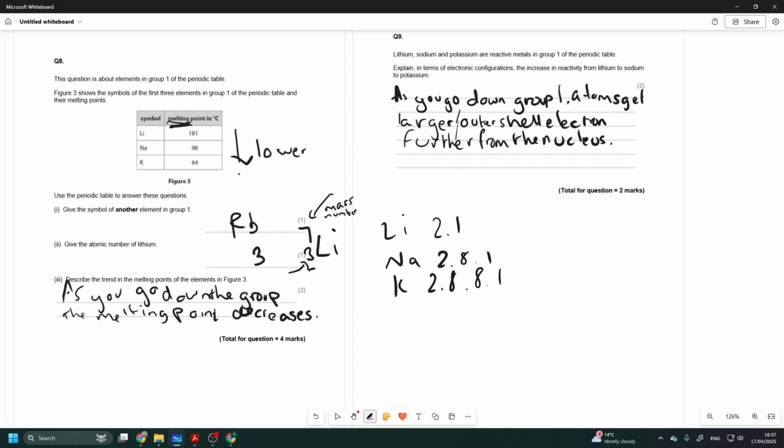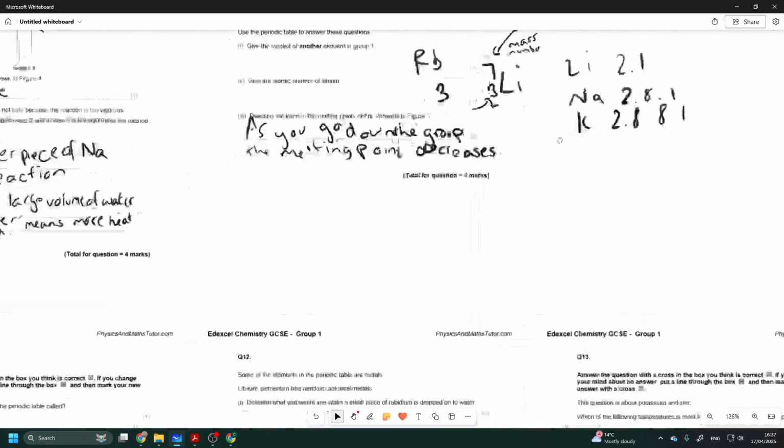That means it's easier to lose. Outer shell electron, easier to lose. Try and avoid saying it and stuff, just use the terms. The outer shell electron is easier to lose. That's why they get more reactive as you go down group 1. That is that. Fantastic.